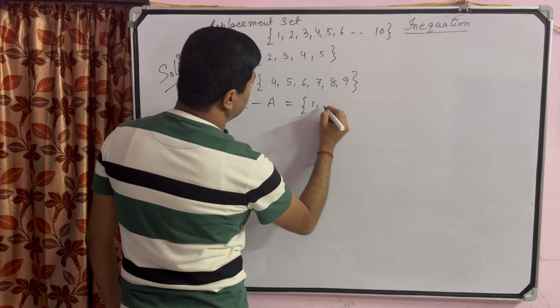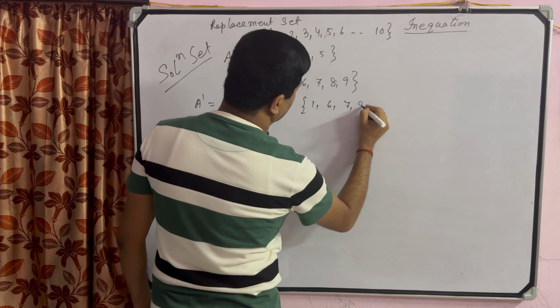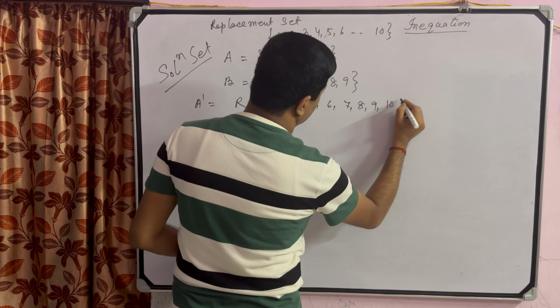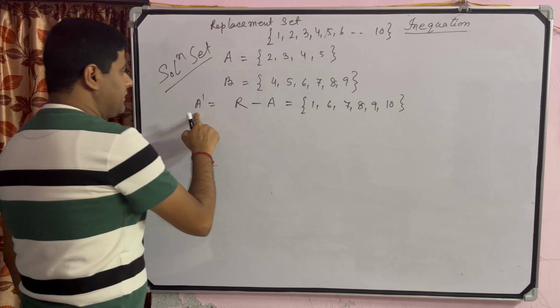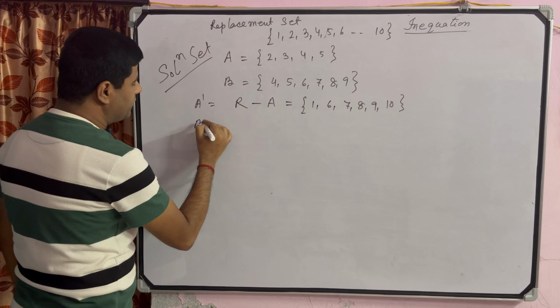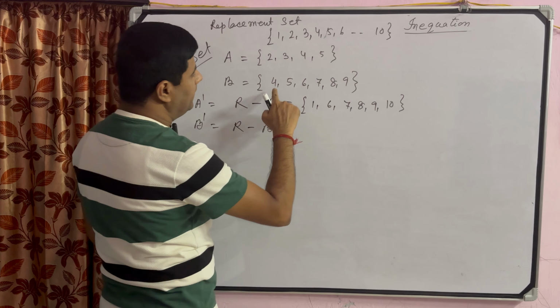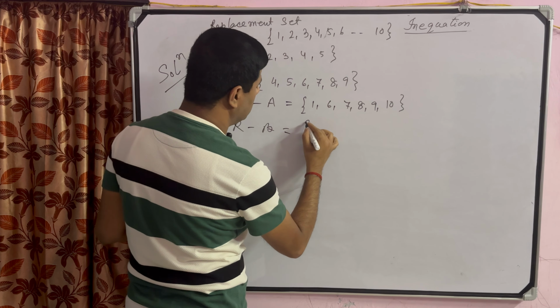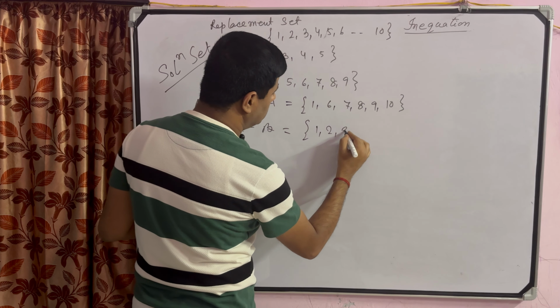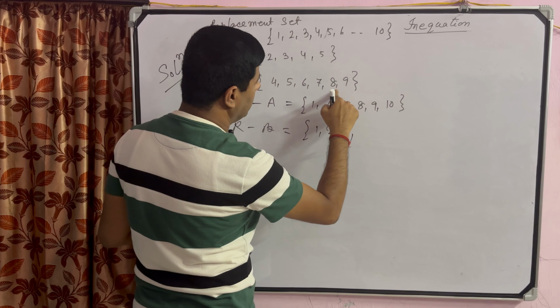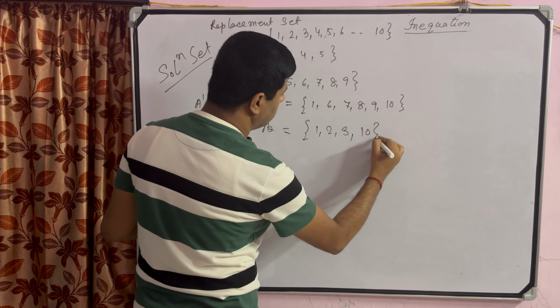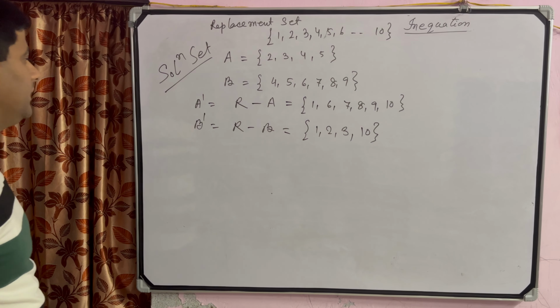So A dash will be 1, 6, 7, 8, 9 and 10. Similarly, if you want to find B dash, it will be replacement set minus B. We'll be removing 4, 5, 6, 7, 8, 9. So it will be 1, 2, 3 and 10. So this will be A dash and B dash.